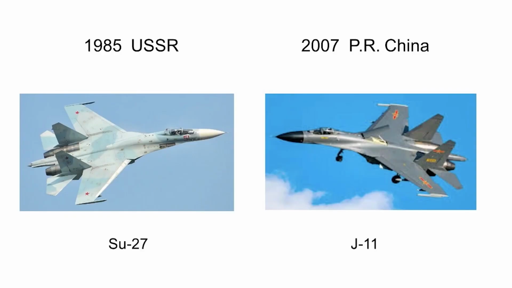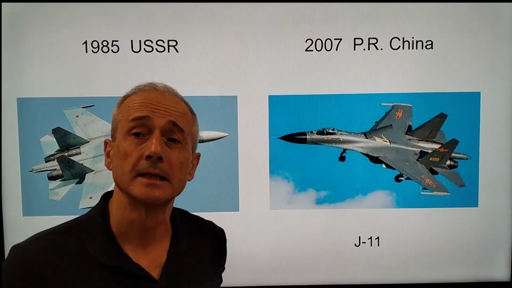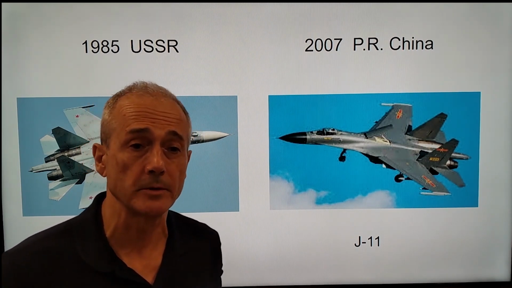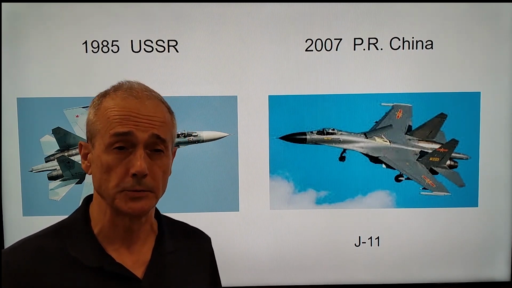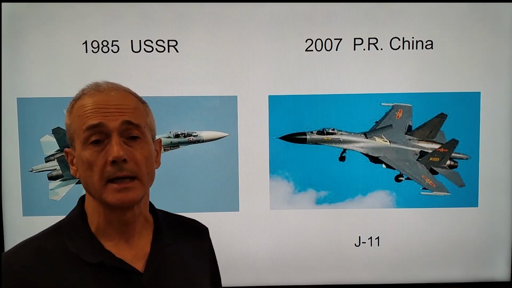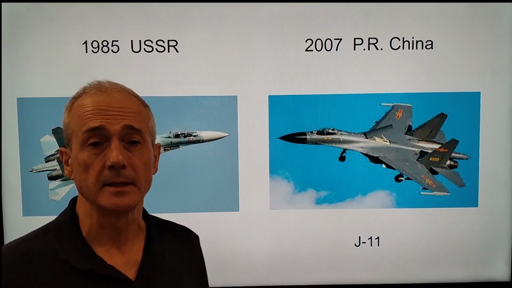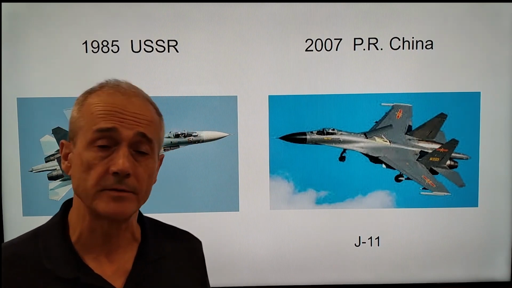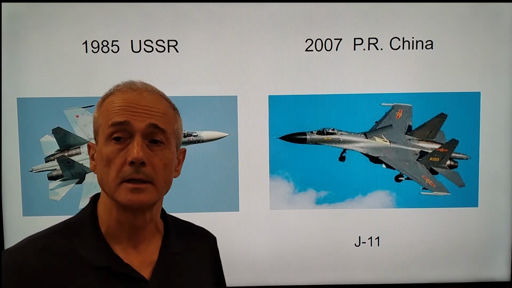And then finally, a comparison that requires no question mark after it. On the left, the very famous jet fighter from the USSR called the Sukhoi 27. And then on the right, the same thing 2 decades later from the People's Republic of China, which is called J11.